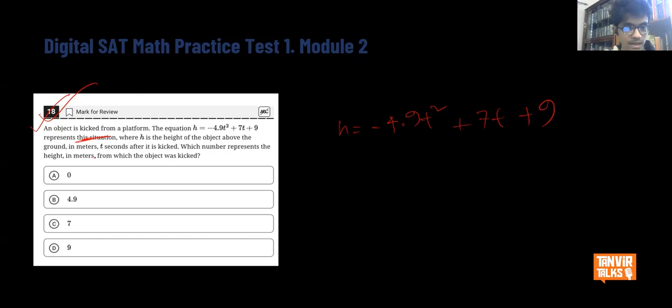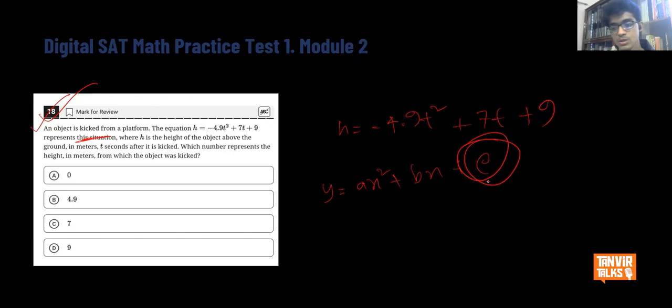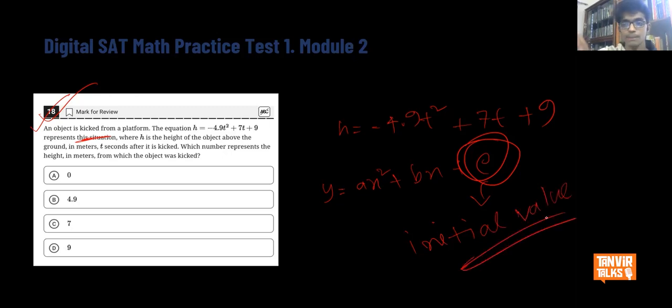Which number represents the height in meters from which the object was kicked? আচ্ছা, সো এটা একটা প্যারাবোলিক ইকুয়েশন। সো প্যারাবোলিক ইকুয়েশনে কি ছিল আমাদের, y is equal to ax square plus bx plus c. ওকে, সো c টা ছিল ইনিশিয়াল ভ্যালু, যেখান থেকে শুরু হয়ে বাড়বে বা কমবে, রাইট? কমার জন্যই বেসিক্যালি এই যে মাইনাসটা আসছে, রাইট? সো এখানে আমাদের ইনিশিয়াল হাইটটা ছিল 9.